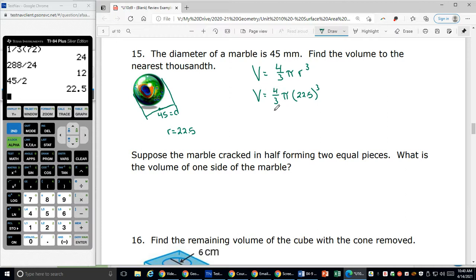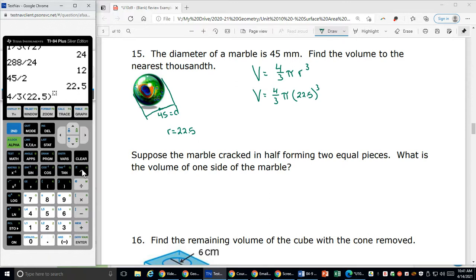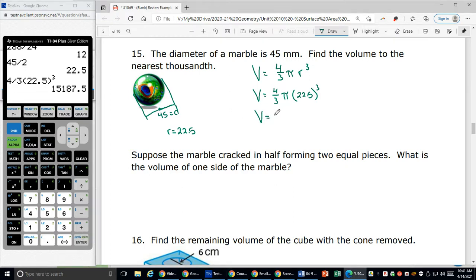All right, so I'm going to do it without the pi. 4/3 times 22.5 to the third power. When I hit enter, I get my volume equals 15,187.5 pi millimeters cubed.